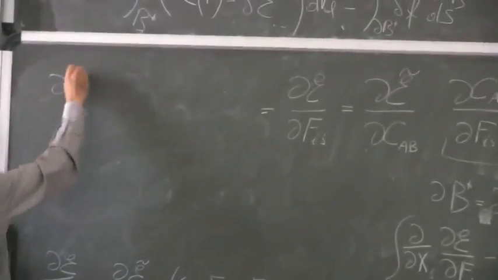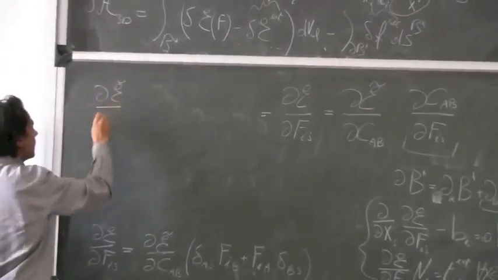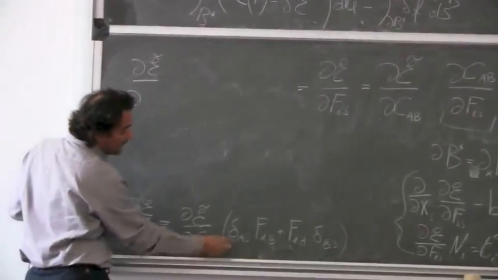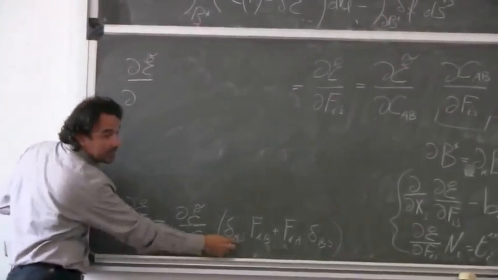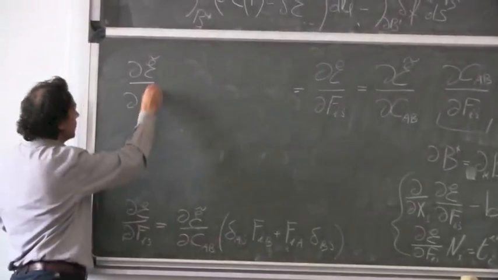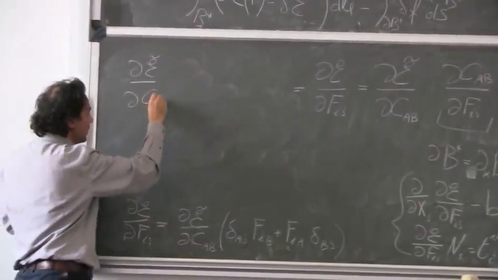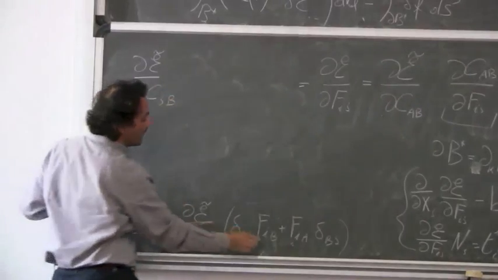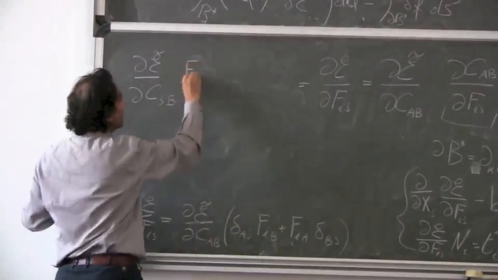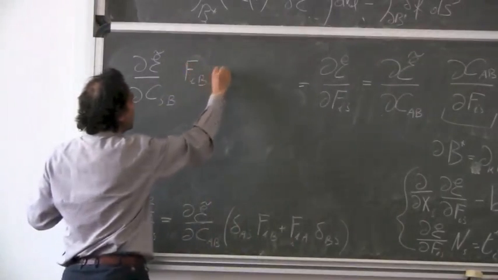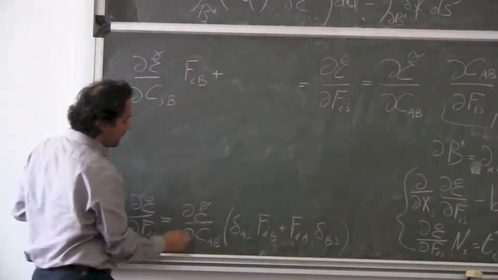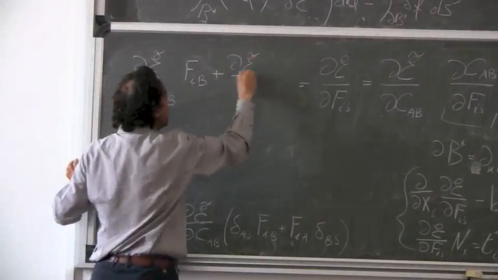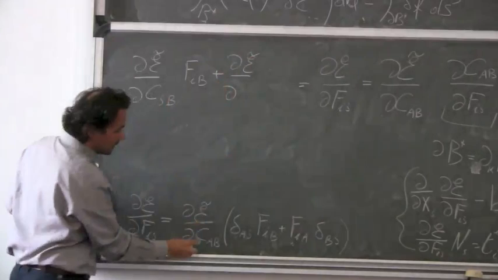To the derivative of E with respect to C_AB will survive only when A is equal to J. So C_JB F_IB plus the derivative of E with respect to what?